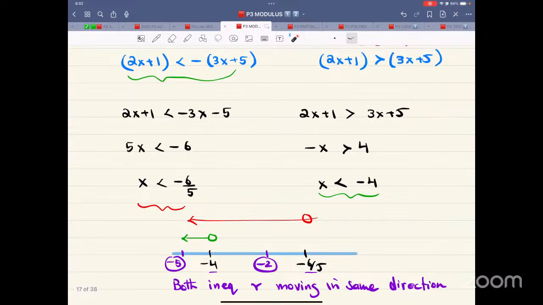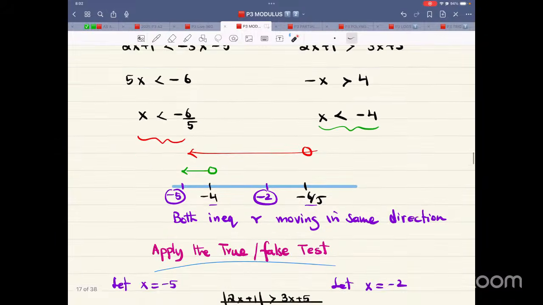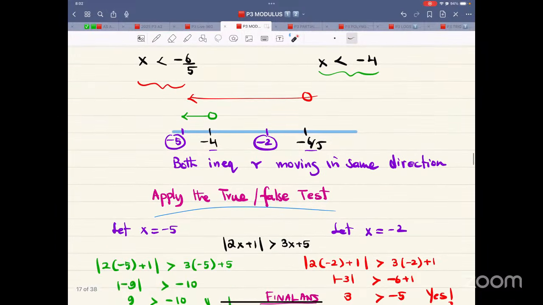Now it so happens, and this is important, that both inequalities are moving in one direction. So now, is the overlapping region the answer? Is the union the answer? Is the region in between the answer? We don't know. So we choose simple values. Let's say lesser than negative 4, let me choose negative 5.